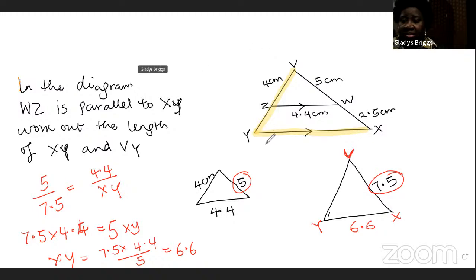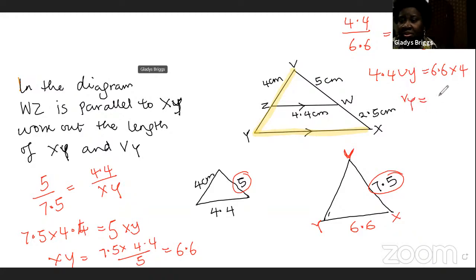So let's do that. 4.4 over 6.6 is equal to 4 over VY. 4.4 times VY is equal to 6.6 times 4.